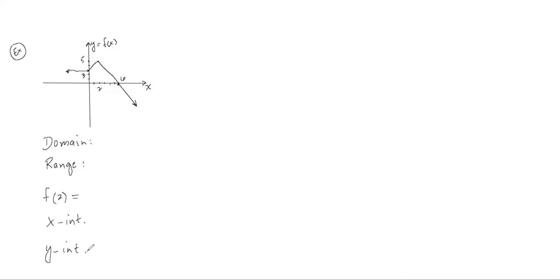So remember, domain is to read the x values from left to right, okay? Range is to read the y values going up.